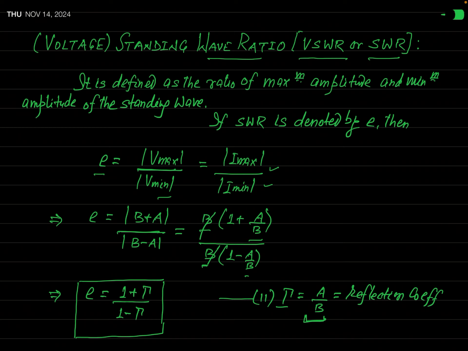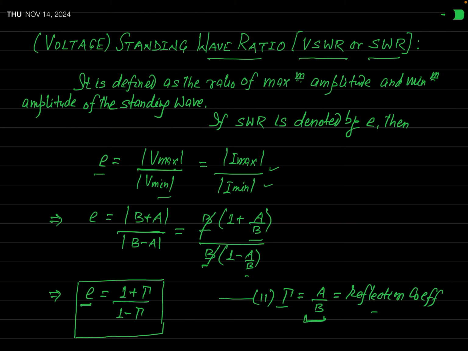So instead of A over B, you can write small e equal to 1 plus gamma divided by 1 minus gamma, where this gamma is called the reflection coefficient. So this is the relation between the standing wave ratio, SWR, e, and the reflection coefficient gamma.